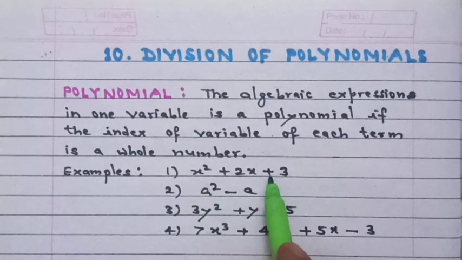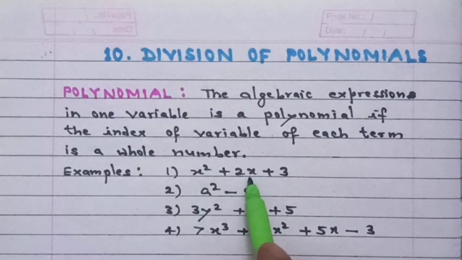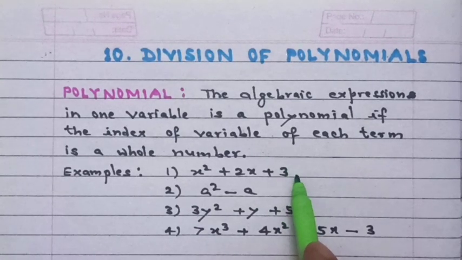There is only one variable, which is x, and x square has index 2, 2x, that is x, has index 1, whereas 3 has x power 0, means the index of x is 0. All these numbers are whole numbers, therefore it is a polynomial.